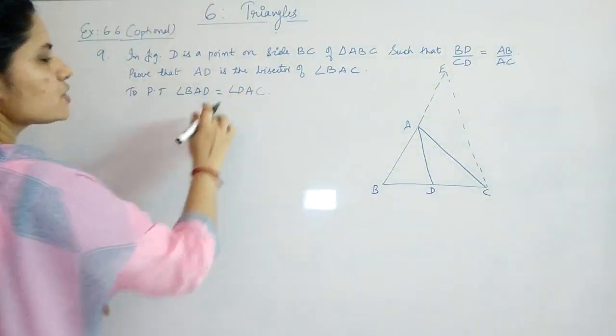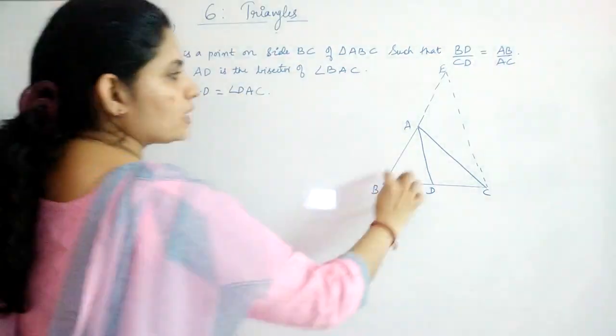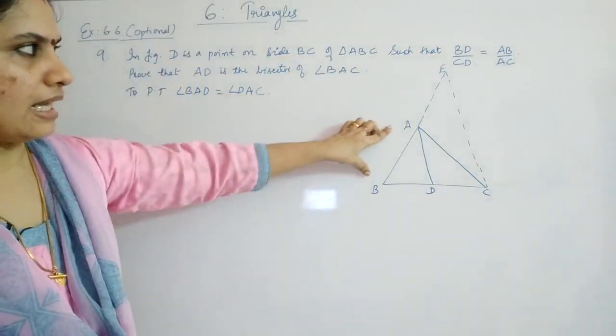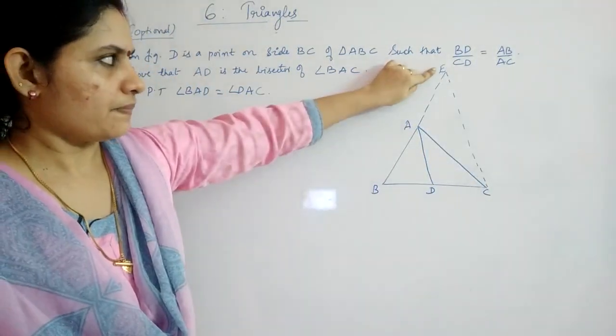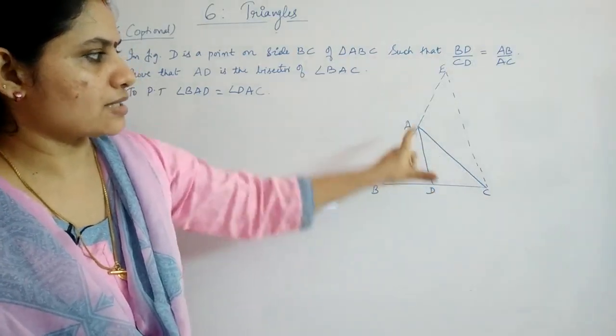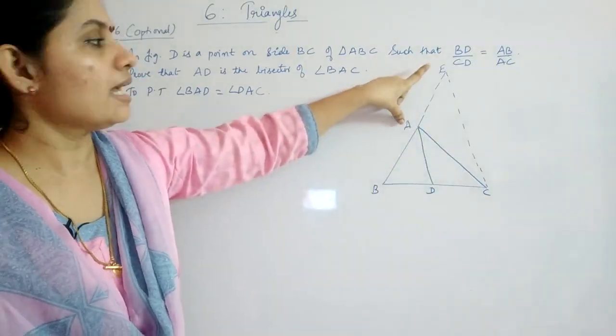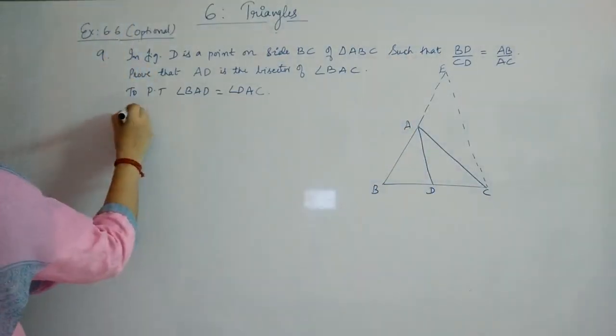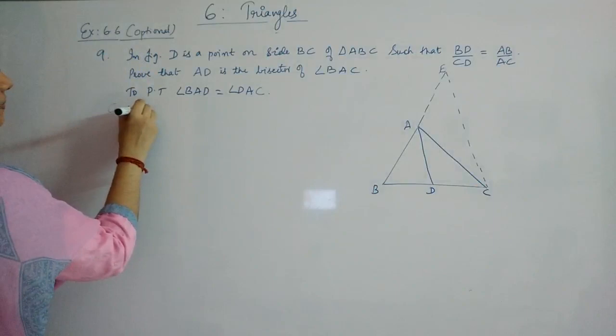So for that, first, in the figure only this much is given. What we are doing is, we are just extending BA to meet at E so that AC is equal to AE. So this length equal to this length we are taking, and we are joining EC. Okay, so that is your construction part.